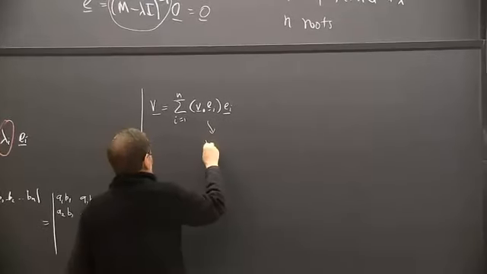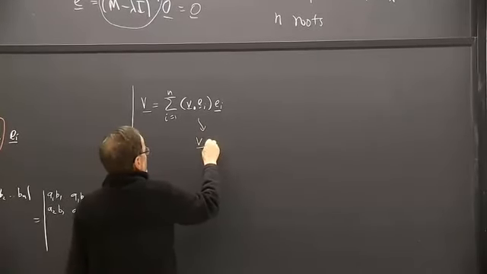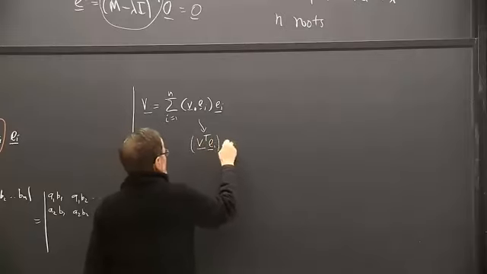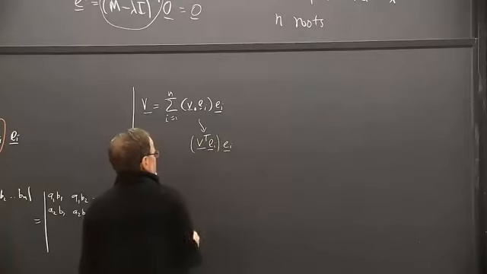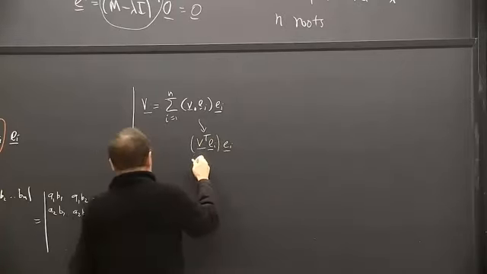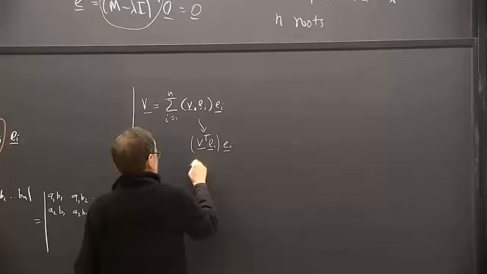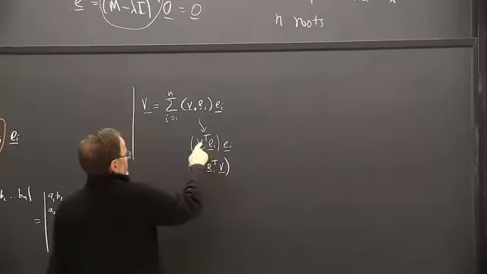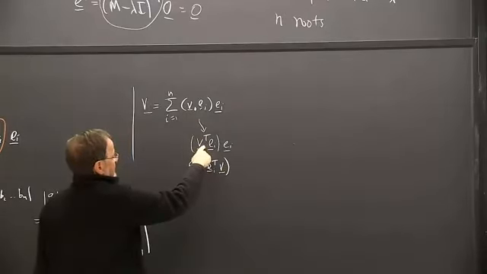One way is V times V transpose times Ei. Another way of writing it is Ei transpose V, so this is just taking the dot product and rewriting it.